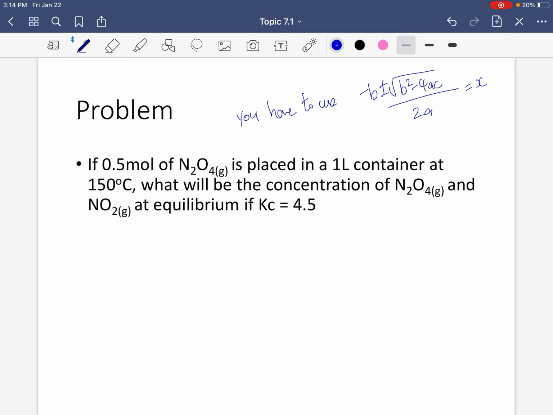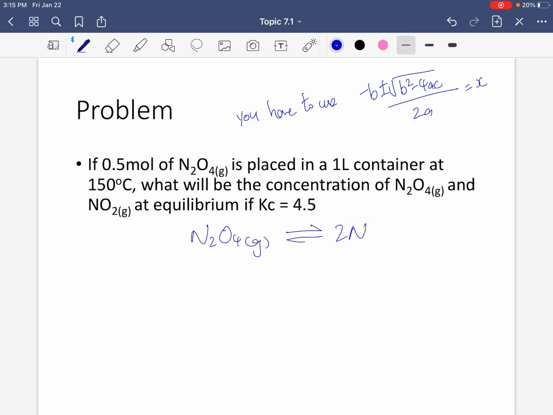I'm sorry, but this one you cannot avoid. Okay, you're going to have to use it to find x, to be able to find your equilibrium concentration.